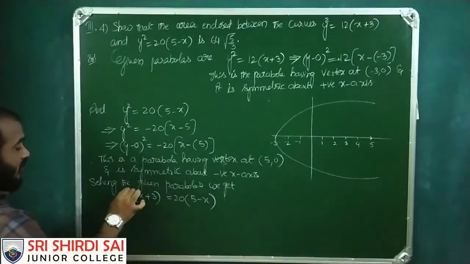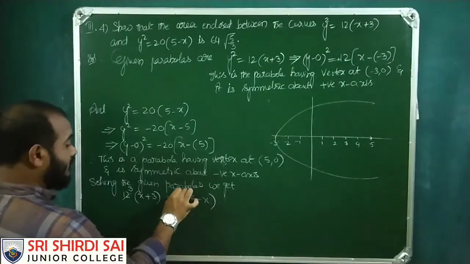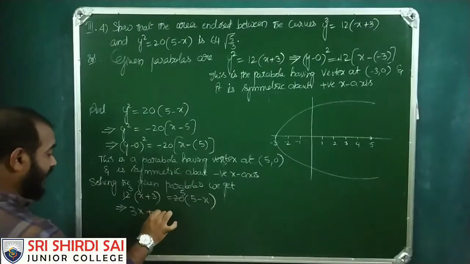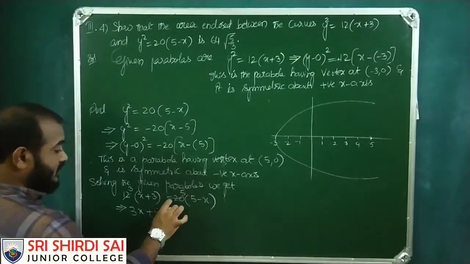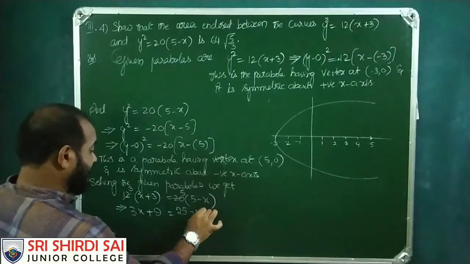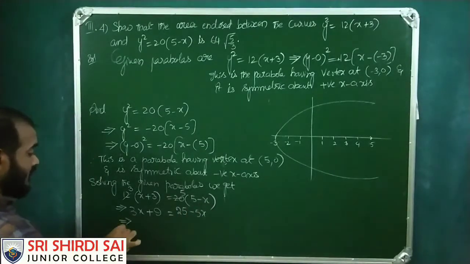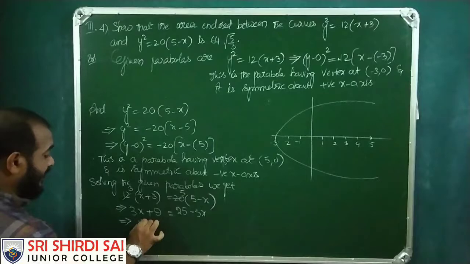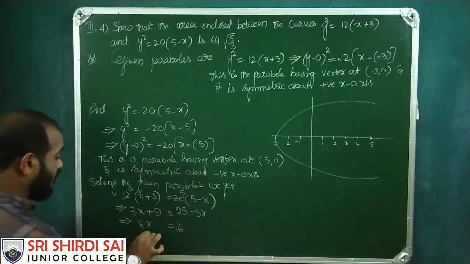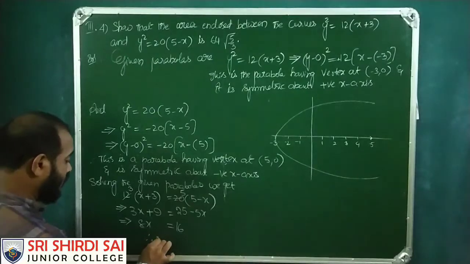So 4 3s are 12, 4 5s are. So this is equals 3x, 3 3s are 9. So next 5 5s are 25 minus 5x. This is equals 3x plus 5x, 8x equals 25 minus 9, 16. Therefore x equals 2.